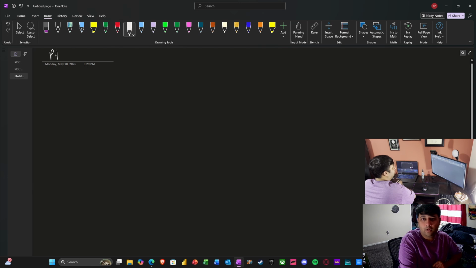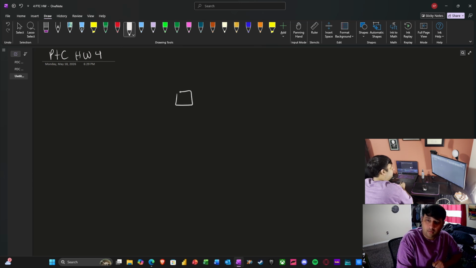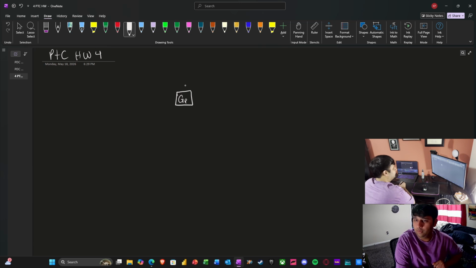So this is part C, homework 4. Let's start, we're going to have our process blocks. So this is the process, which can be simulated by K times e to the negative theta s over tau s plus 1.